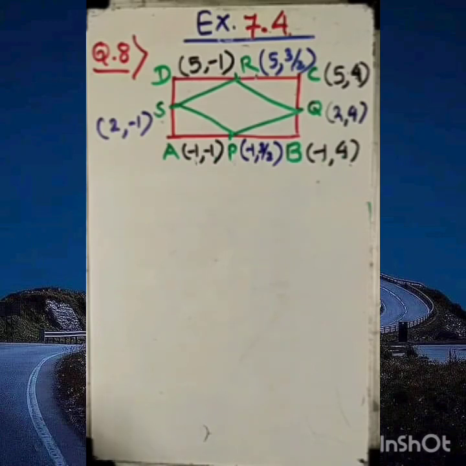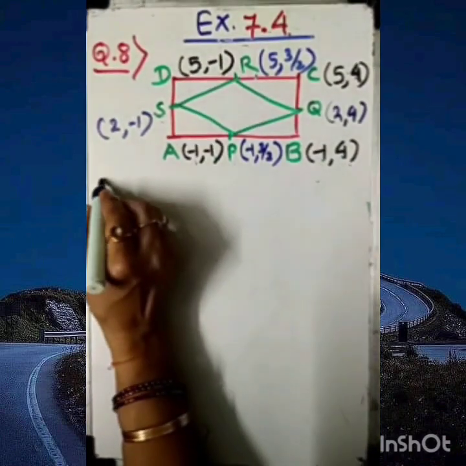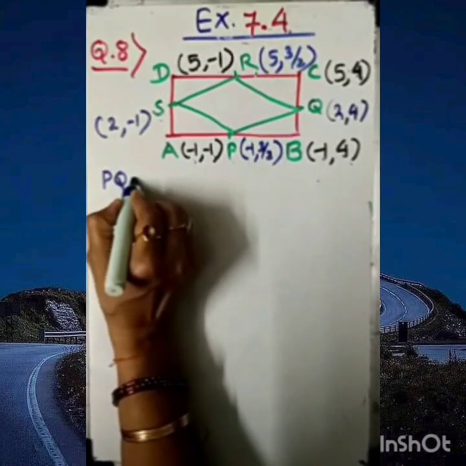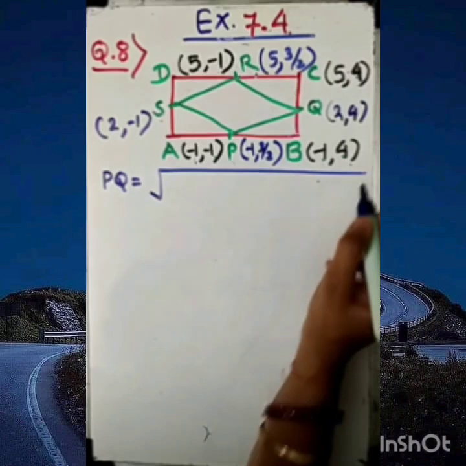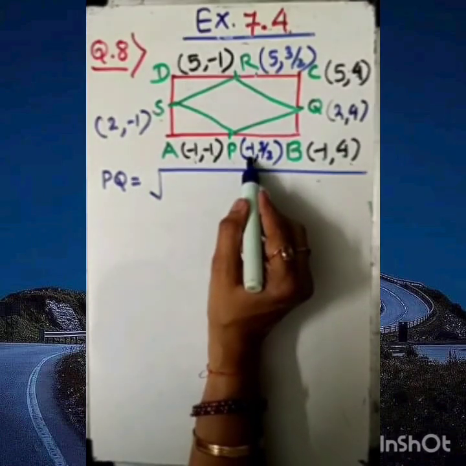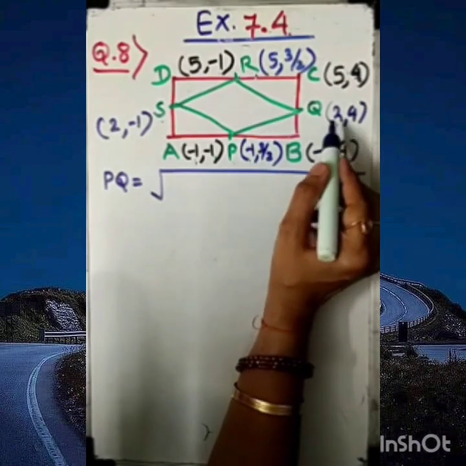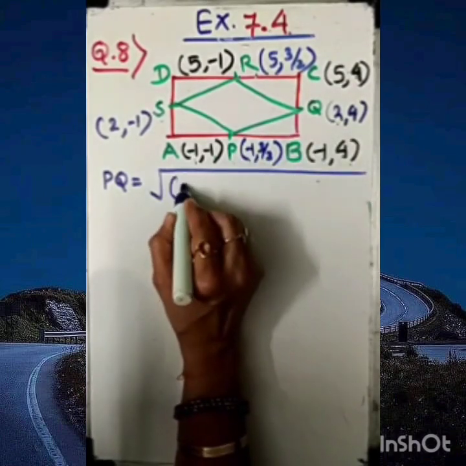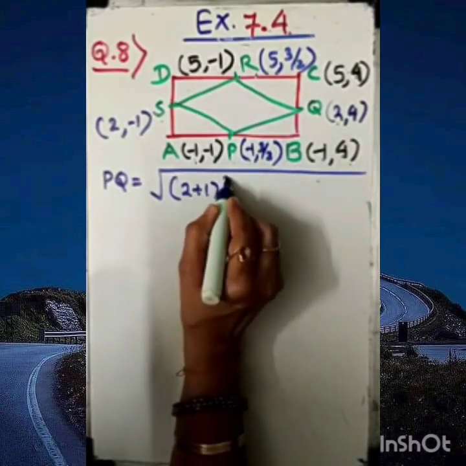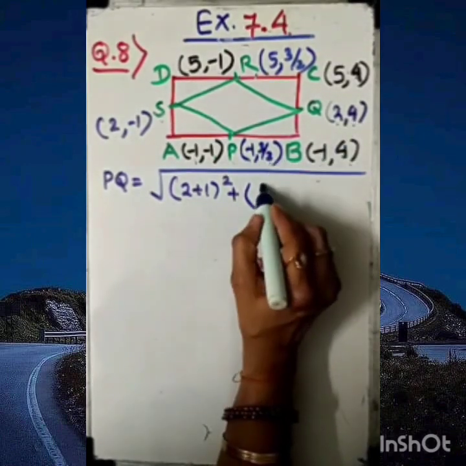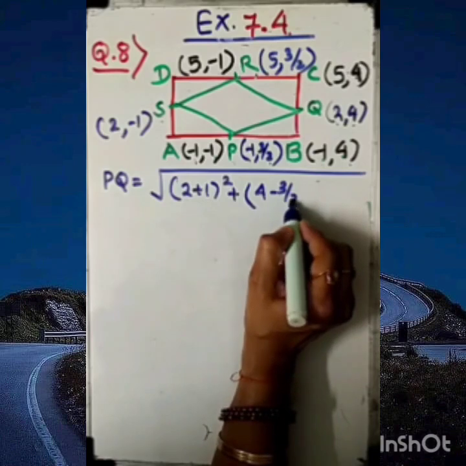So my dear student, here we are going to apply the distance formula to find PQ. Length of PQ will be under root of (2 minus (-1)), that is 2 plus 1, squared, plus (4 minus 3/2) whole squared.